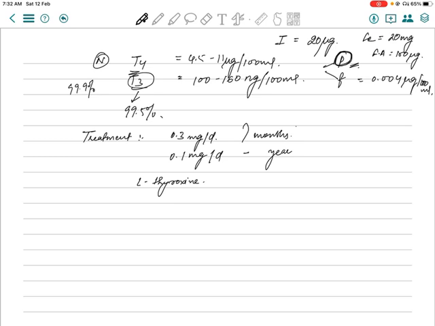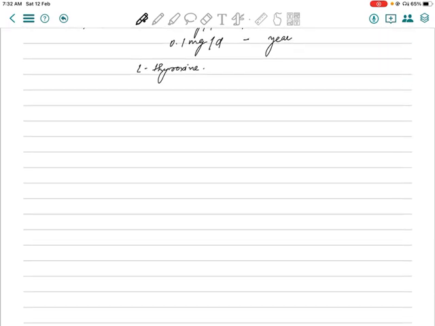Okay, so the eye signs that we see in Graves' disease show exophthalmos, which can be apparent or true kind.